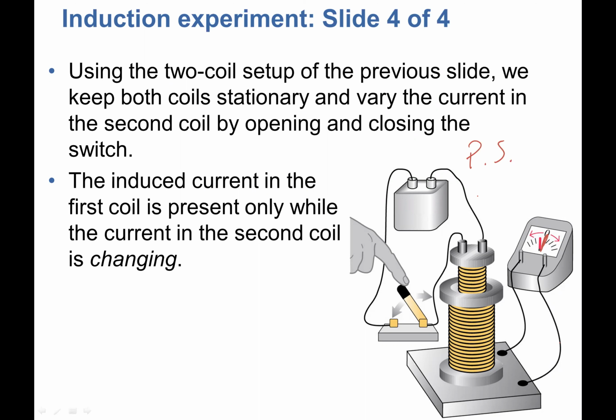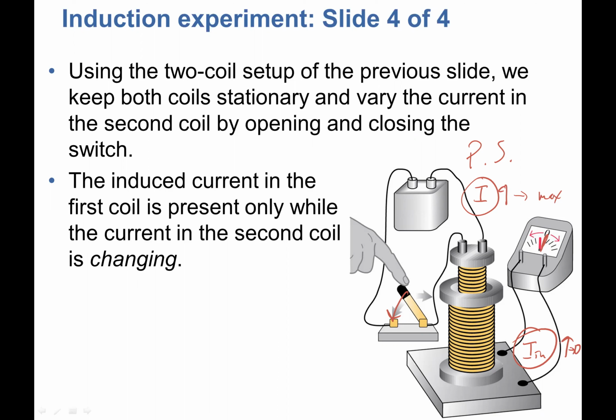Remember, we technically have two currents. This current here is in the secondary coil, and I have the induced current in the primary coil. When this starts increasing, when you just close the switch, this one also starts increasing. But as this becomes maximum and steady as a function of time, this one then goes to zero.